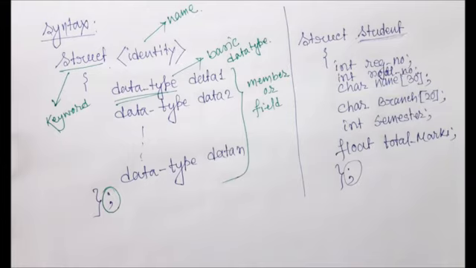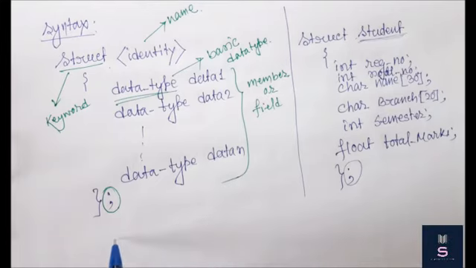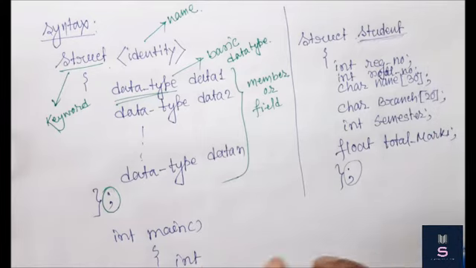Okay. So the next question is how to declare the structure variable, or we can say, when do we get memory allocation. We have declared a structure. If I write int main, then if I declare int, is there any meaning? No. Compared with this one, we have just declared a data type, nothing else. So that means we have to declare a variable.